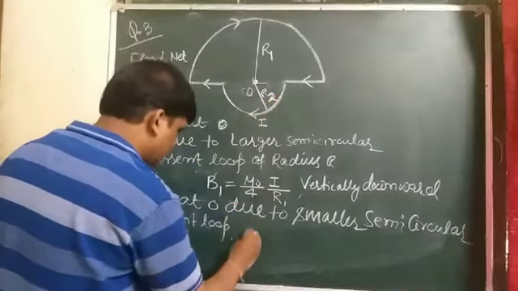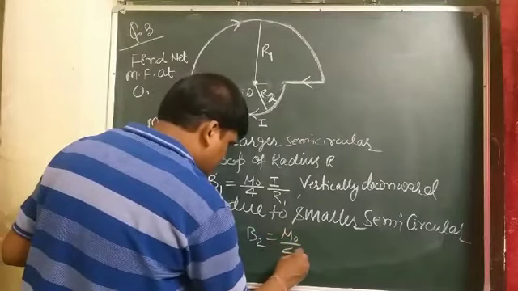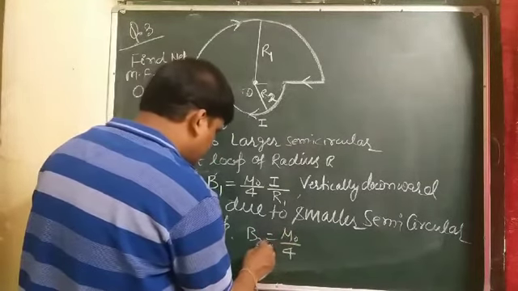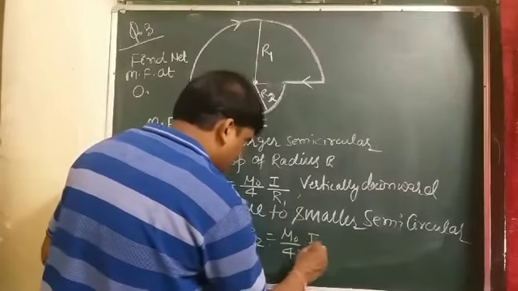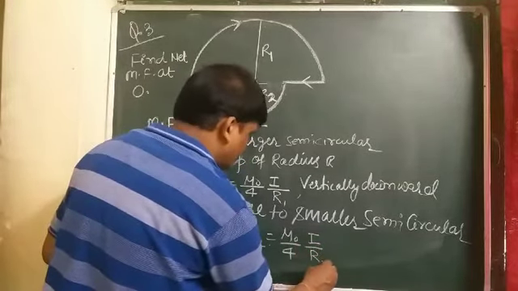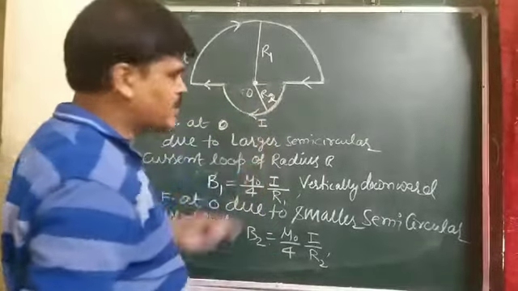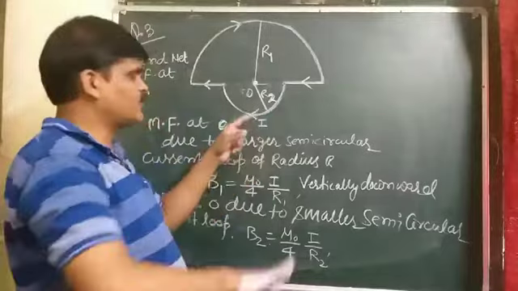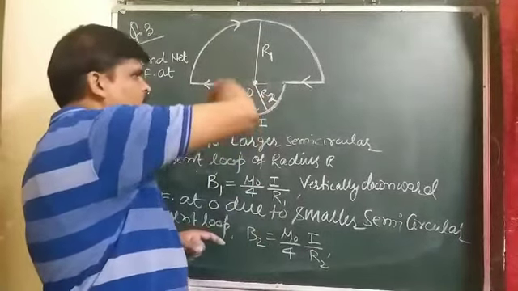So we use B2, which again is mu naught by 4 for a semicircle. B2 is equal to mu naught by 4, the same current flowing, and radius R2. The current flowing in this smaller semicircle is also in the clockwise direction.